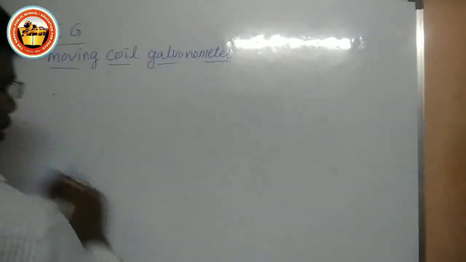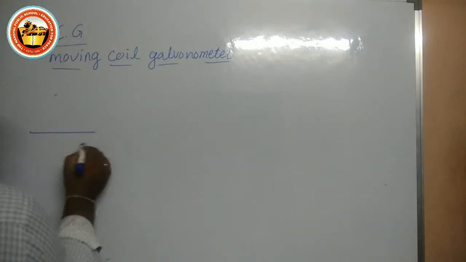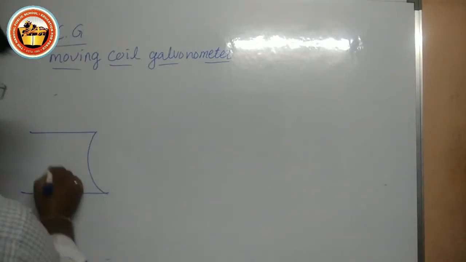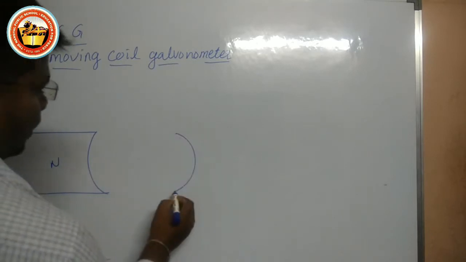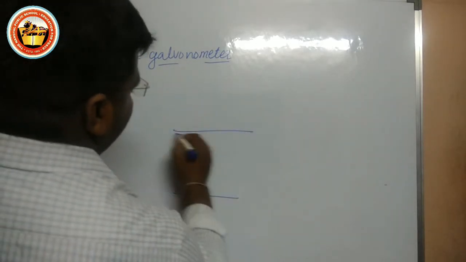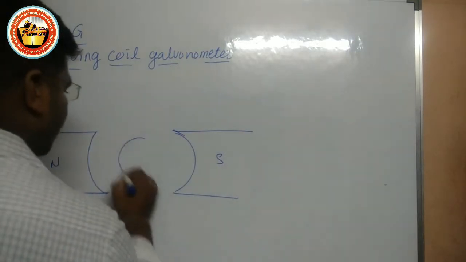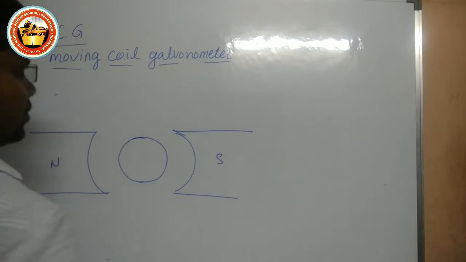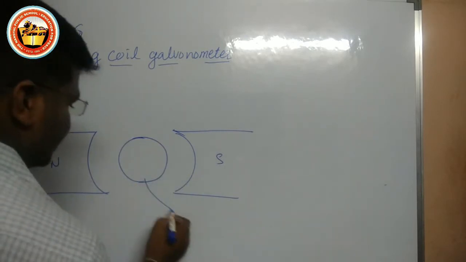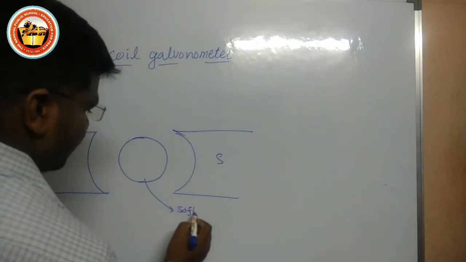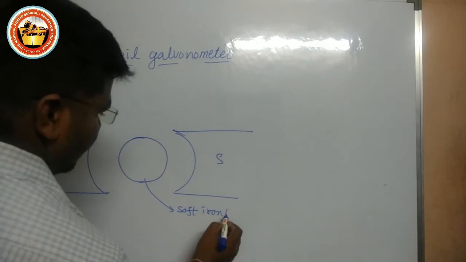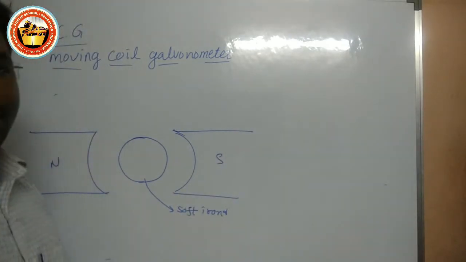Understand here. So consider north and south concave magnets. So this is concave magnets. Here consider a soft iron rod.